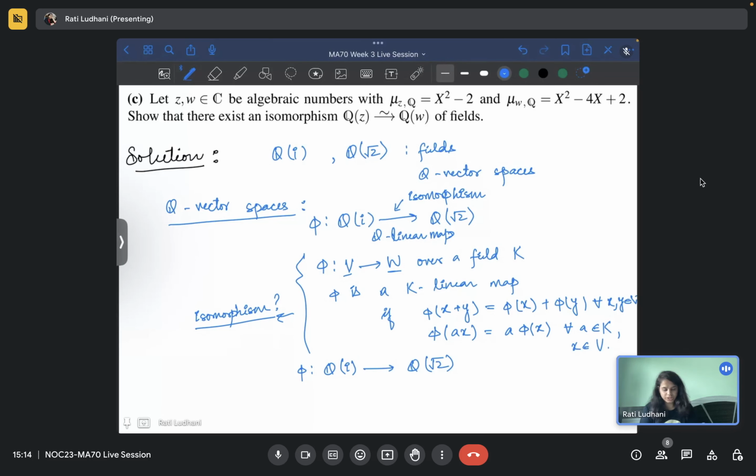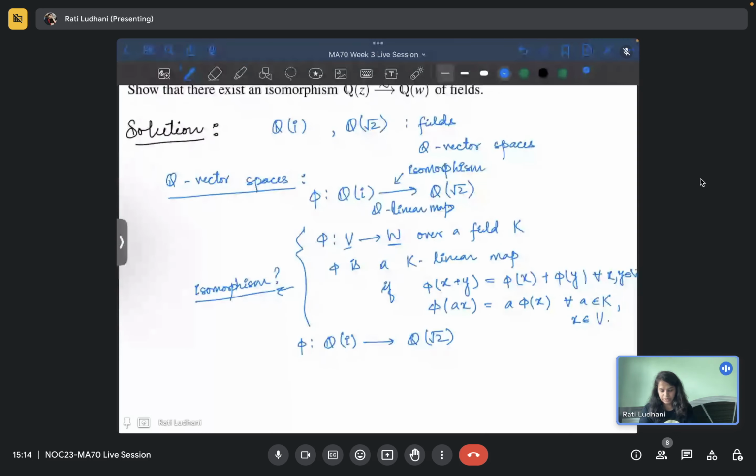So phi, a K linear map, is an isomorphism if the dimensions of the domain and codomain vector spaces, V and W, are the same.